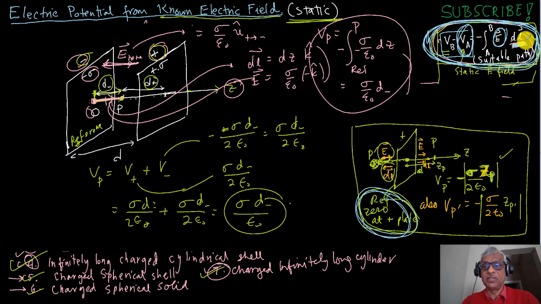There are a whole bunch of little tiny steps that may be confusing and challenging at times, but once you do a lot of these problems, you're going to be very good at it. And you will appreciate that electric potential requires a suitable reference so that the formulas come out simple.